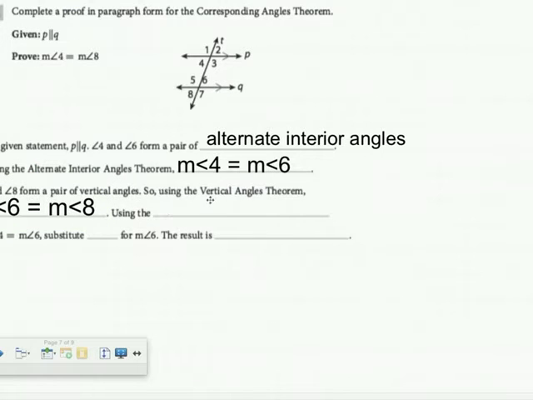And it says using the blank in measure of angle 4 equal to measure of angle 6, substitute something for angle 6. So if they're using the word substitute, then we should get that it's the substitution property.